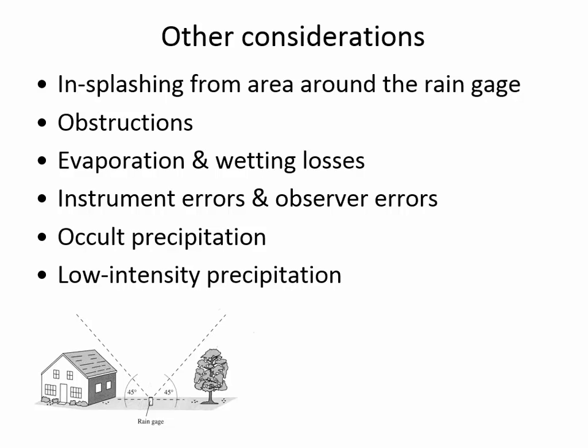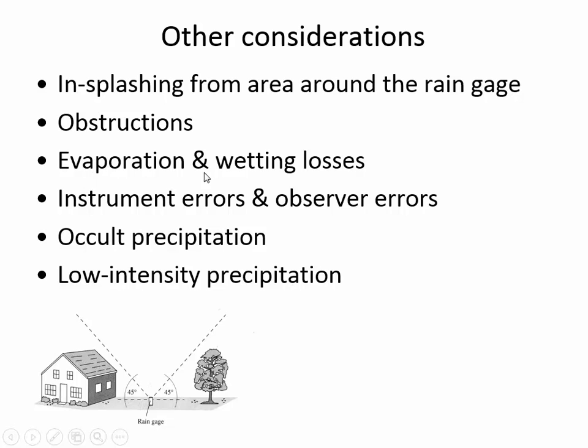And the reason why you would want to avoid that is that even a tree is going to have some of the rainfall intercepted by the leaves, and the leaves have to get wet before any rain will make its way to the ground underneath the tree. And so you don't want to measure the effect of the rainfall and the tree with a rain gauge. You just want to know when the rain was coming out of the atmosphere and started to hit the canopy. And so that's why it should be in a clear area.